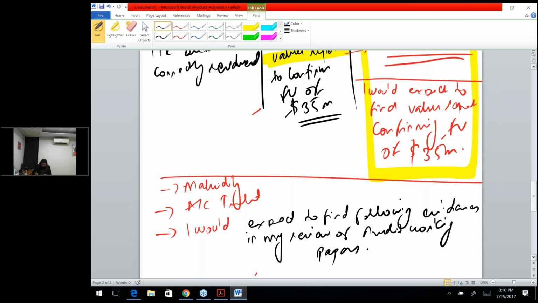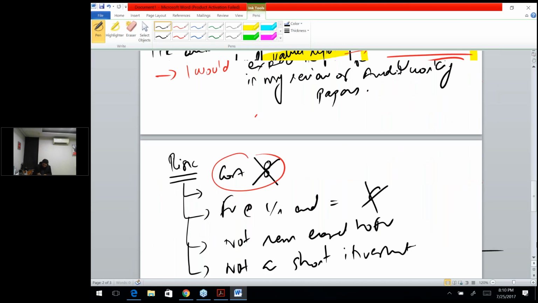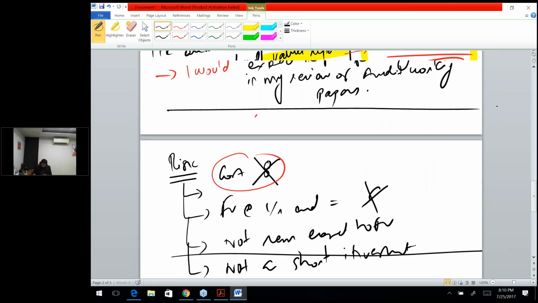Once you have written down this line, even if you end up writing the audit procedure below that, the examiner would understand from the line that you had mentioned that these are the audit procedures that you have written.